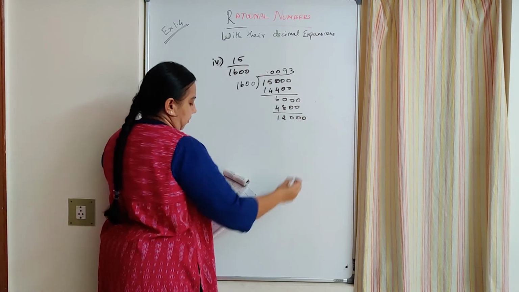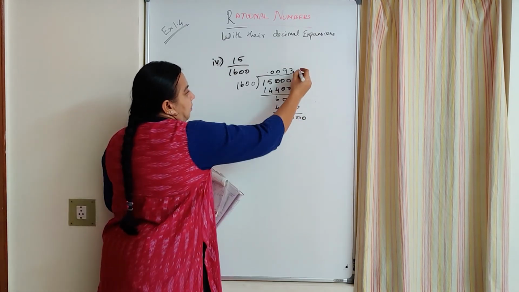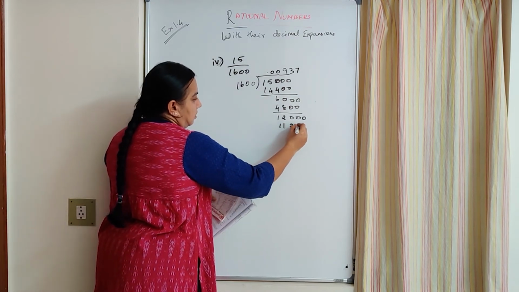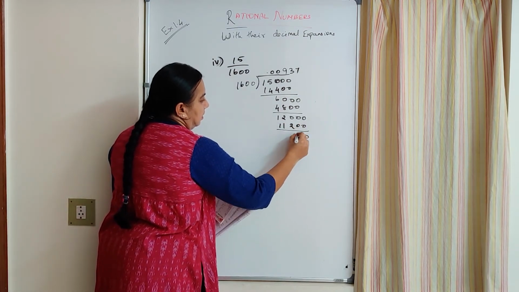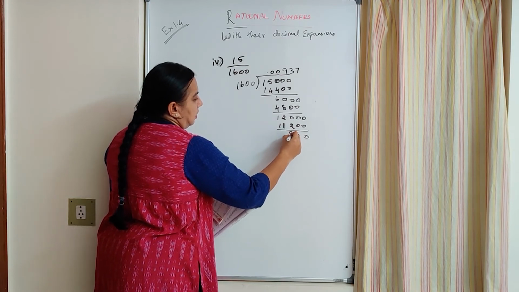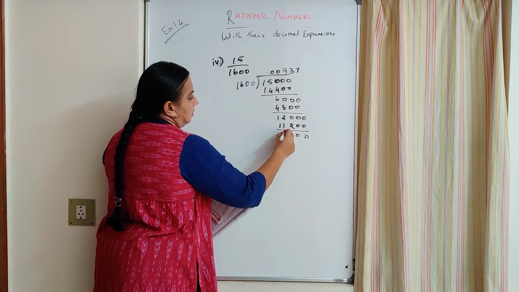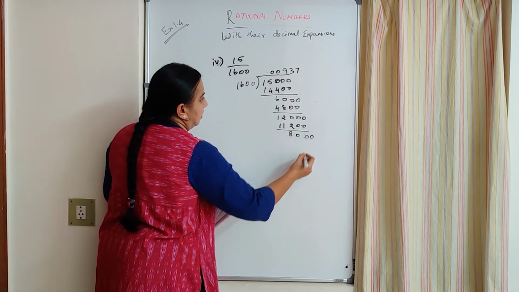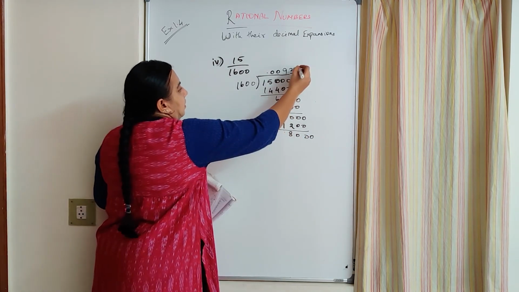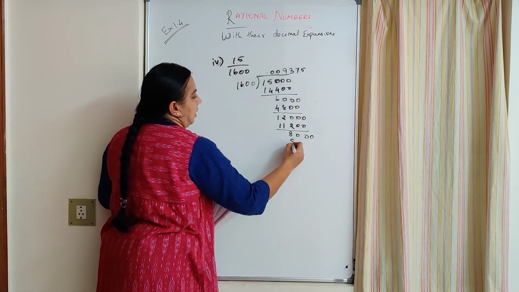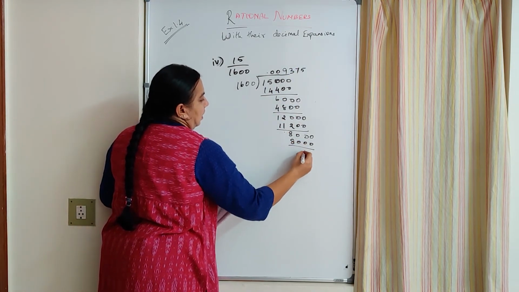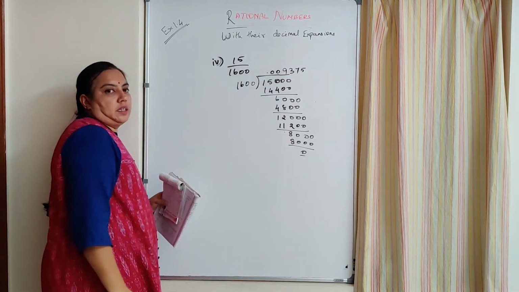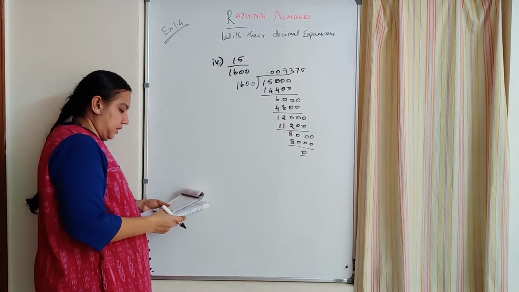And I bring one more 0, and it comes for 7 times 1, 2, 0, 0. And I have one more 0, and it comes for 5 times 8000, and it's 0. So again we have got a terminating decimal expression.